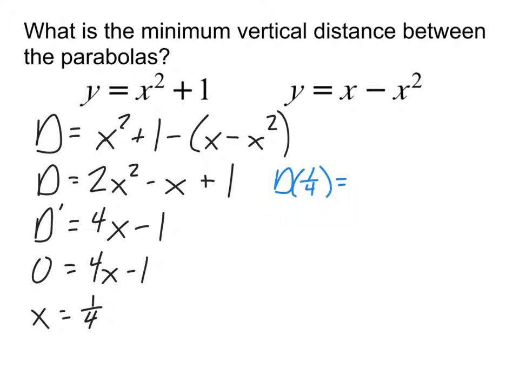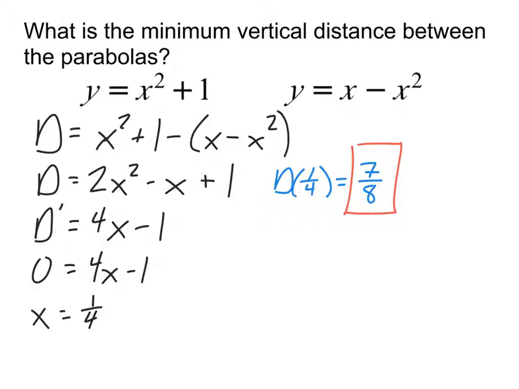And this is the part I was thinking of earlier, where if we had done the subtraction the other way, we'd get a negative instead of a positive, but the distance still has to be positive, so we'd just make it positive if it wasn't. All right, and so when we do that, we get 7/8. 7/8 then is actually what the distance is. That's actually what our distance function gives us, and so that is our final answer.